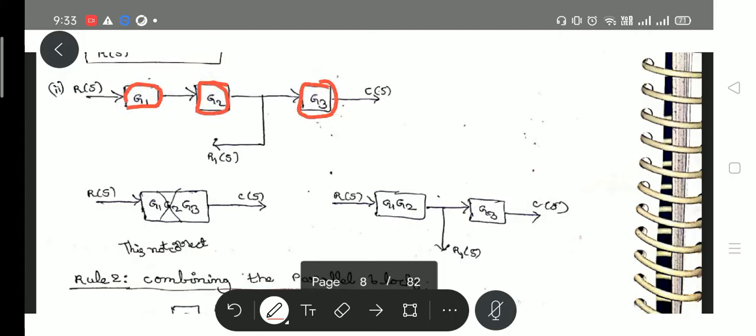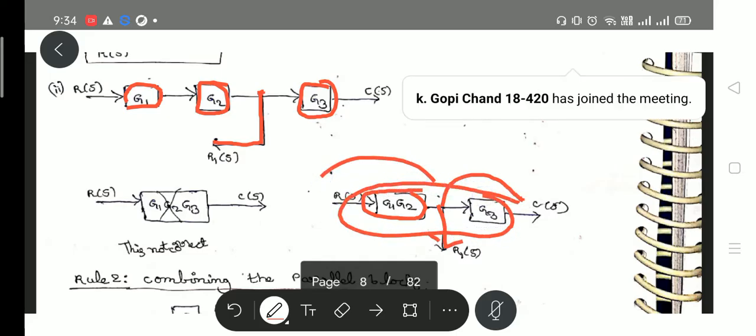Because in the middle of this section one branch point is connected here, so we cannot multiply directly. Only G1 G2 are in cascaded here, so G1 G2 multiply, then after we can shift this branch point to here or here, then after we can multiply these three blocks.